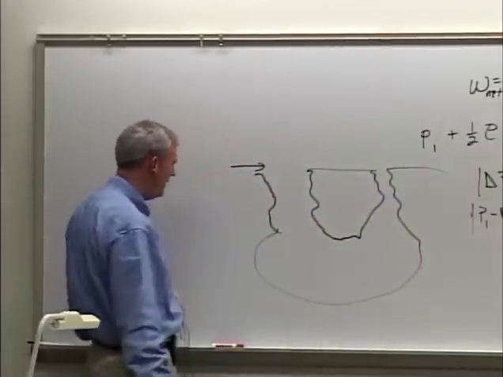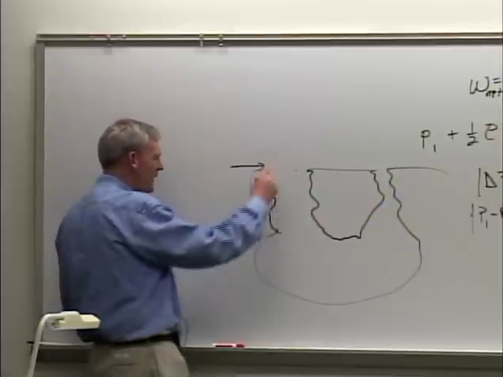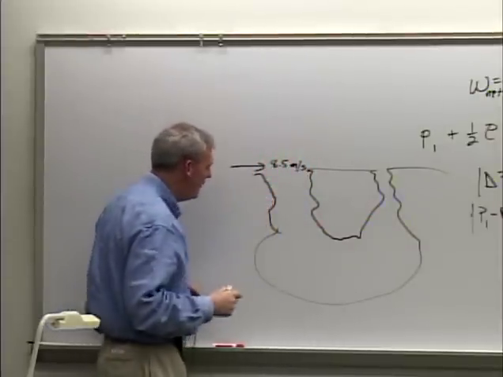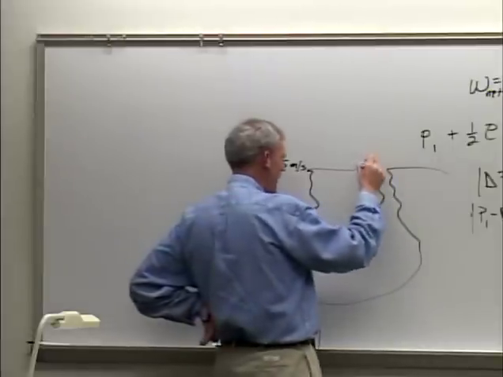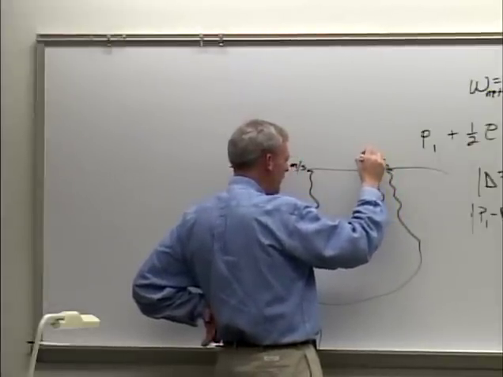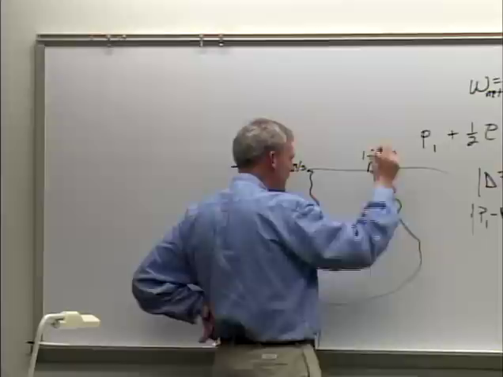You had the wind blowing 8.5 meters per second over here, but because of the way it was constructed right here, it was only going 1.5 meters per second over here.